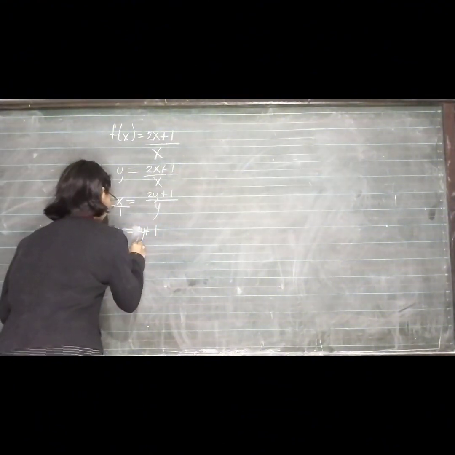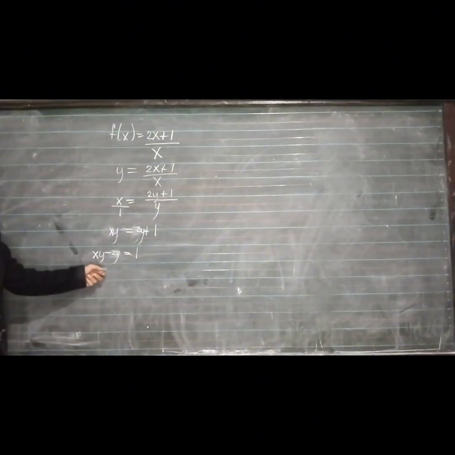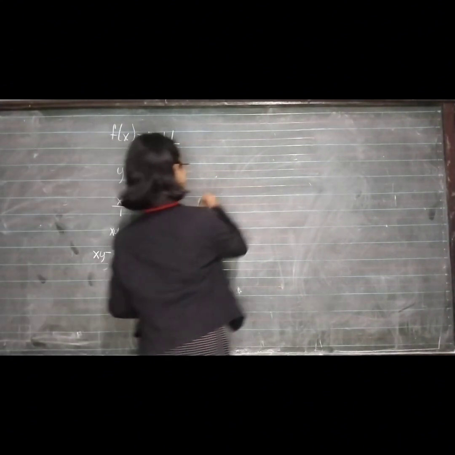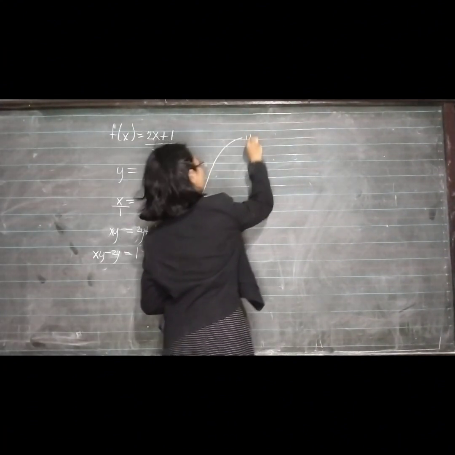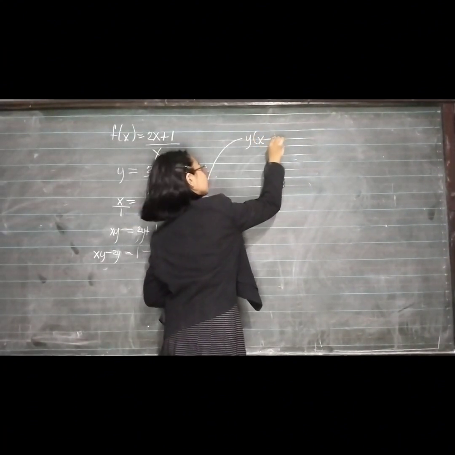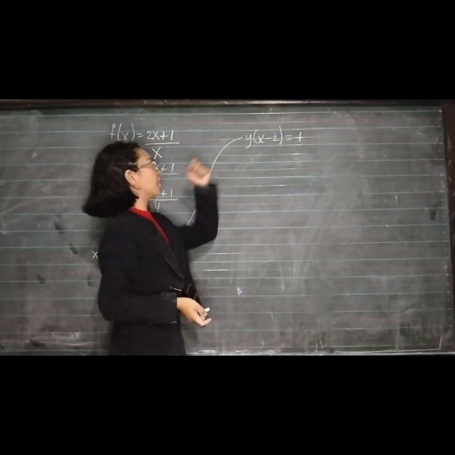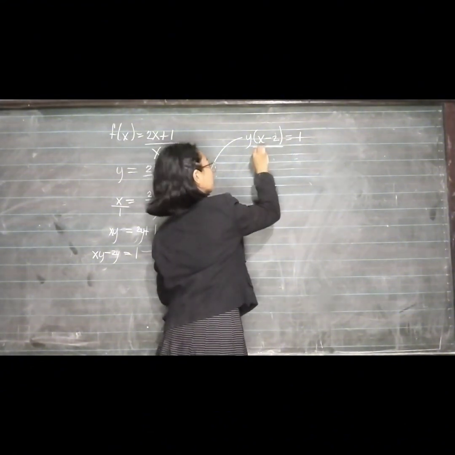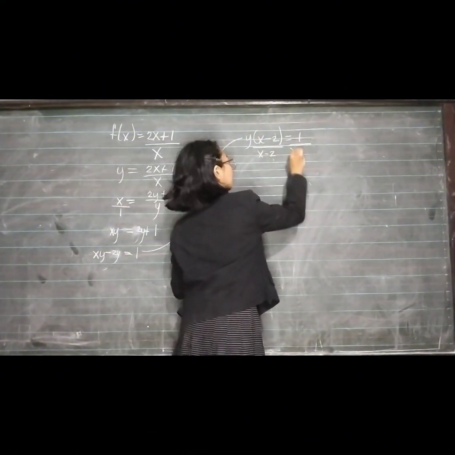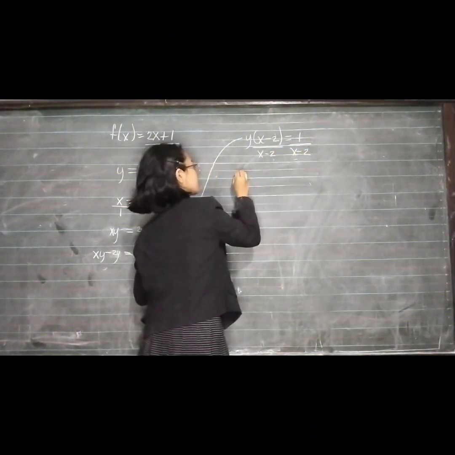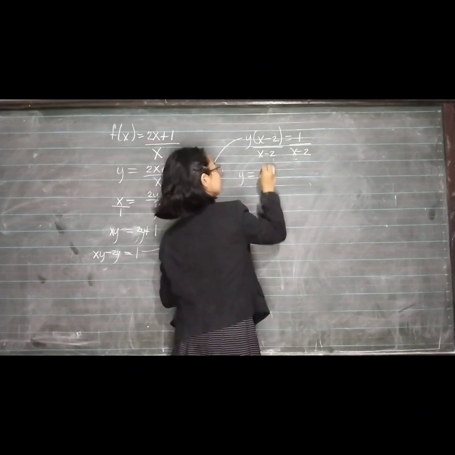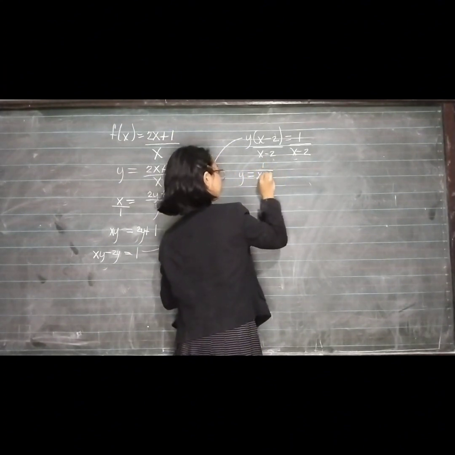And then you have to divide it. So y times x minus 2 equals 1. And again, so that only y remains, you divide by x minus 2. So your answer will be y equals 1 over x minus 2.